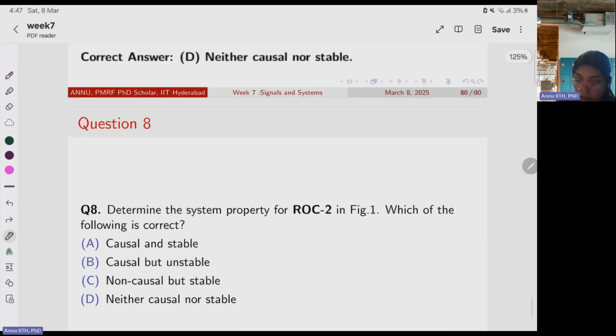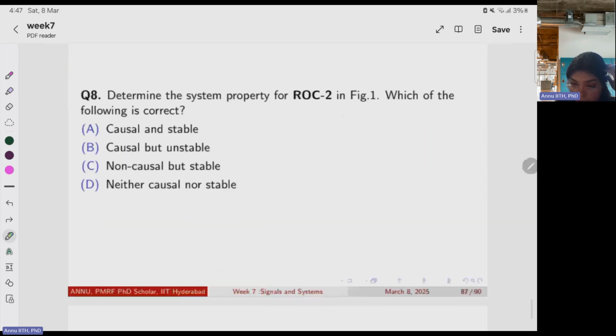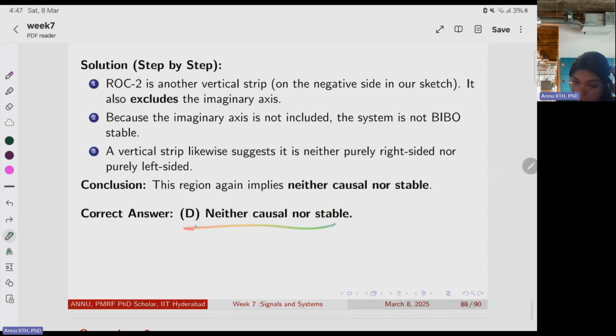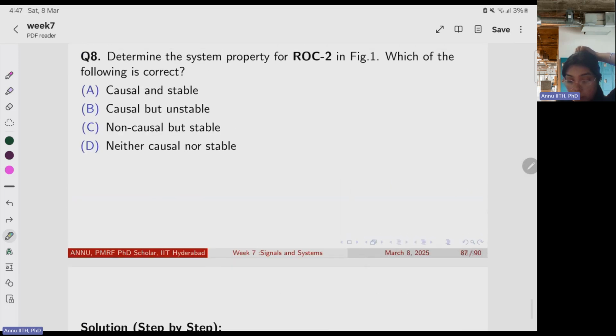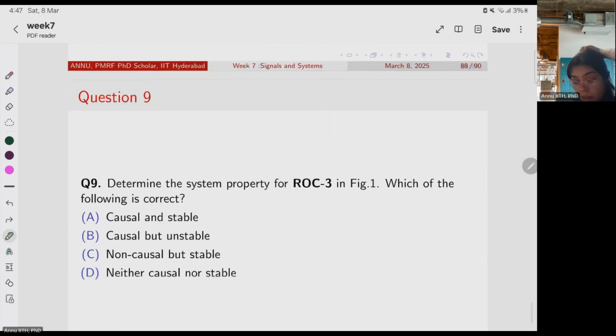For ROC2, the blue-colored one is again a strip, but on the right side. So it is again neither causal nor stable, because it is purely right-sided or purely left-sided. That is not the requirement. And it also doesn't include the j omega line.